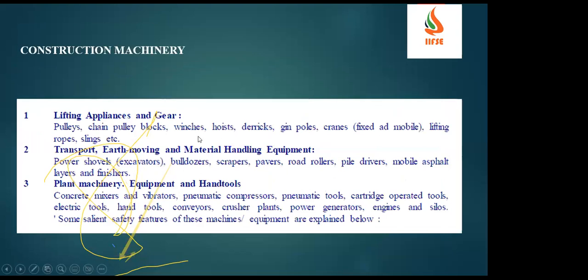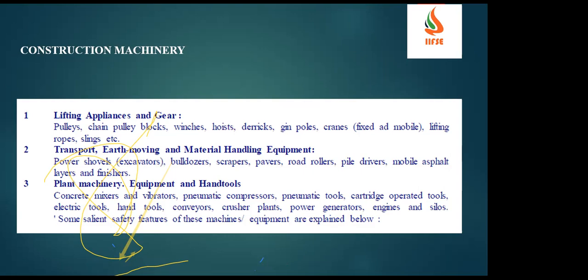Then also construction machinery. We use many different types of construction machinery in construction, so all the construction machinery must be verified. If you see the lifting appliances, there will be pulleys, chain pulley blocks, winches, hoists, derricks, gin poles, various kinds of different equipment we use. And in transport, earth moving and material handling equipment, there are power shovels, which means excavators, bulldozers, scrapers and pavers, road rollers, pile drivers, mobile asphalt layers and finishers.